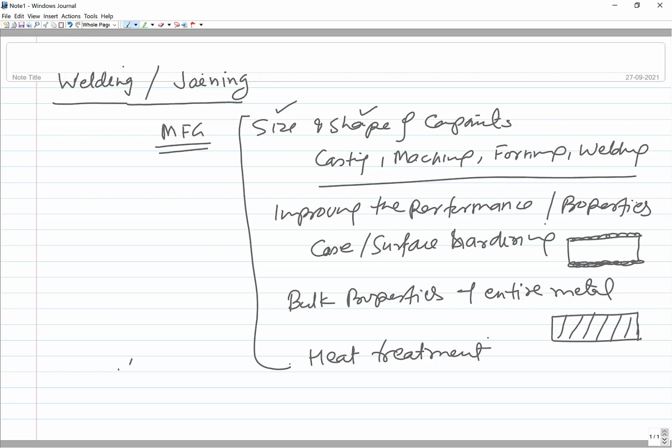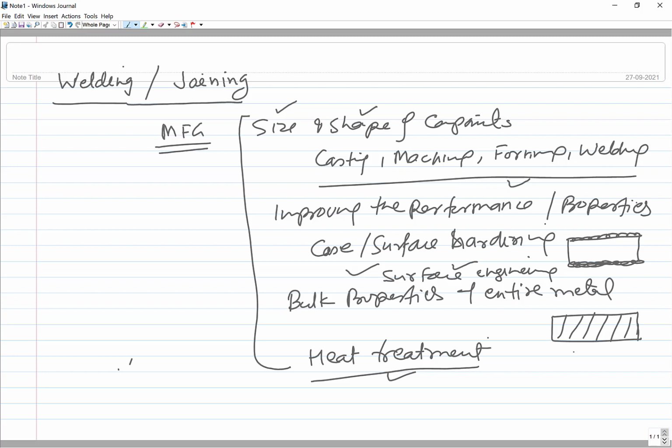So this is what the entire group of conventional manufacturing processes includes. We get the desired size and shape using these four conventional processes, and the property improvement using case or surface hardening, which is also termed surface engineering, or bulk material property enhancement using heat treatment.